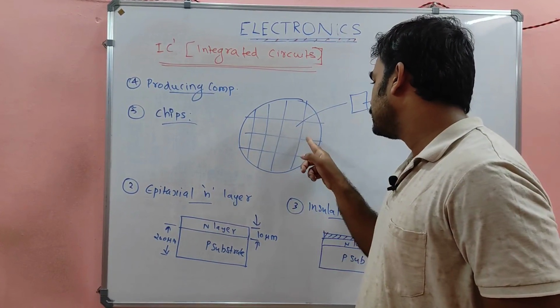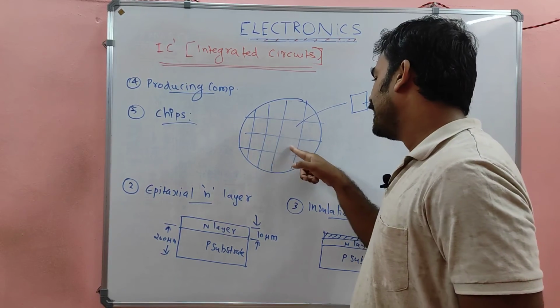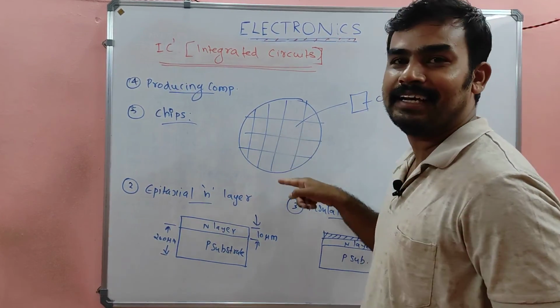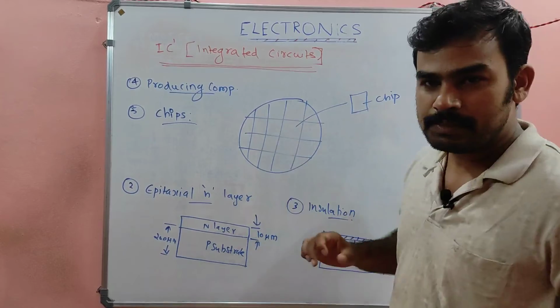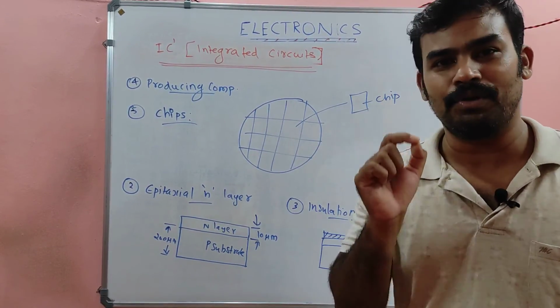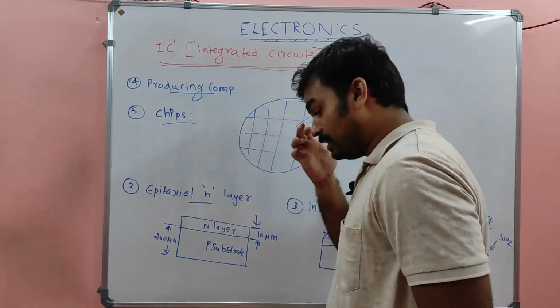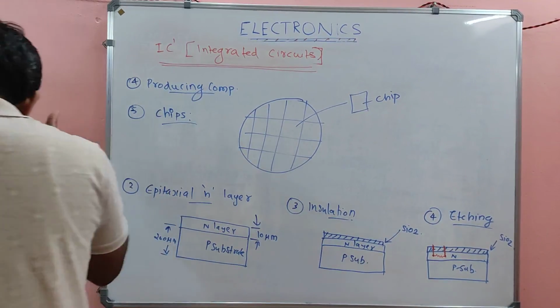Here you can connect resistors, capacitors, diodes. These connections are made inside. Each area is specifically for a component, and that is called a chip. Is it clear, my dear?